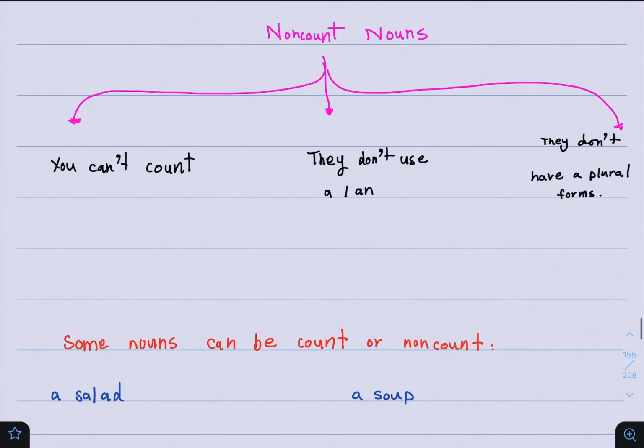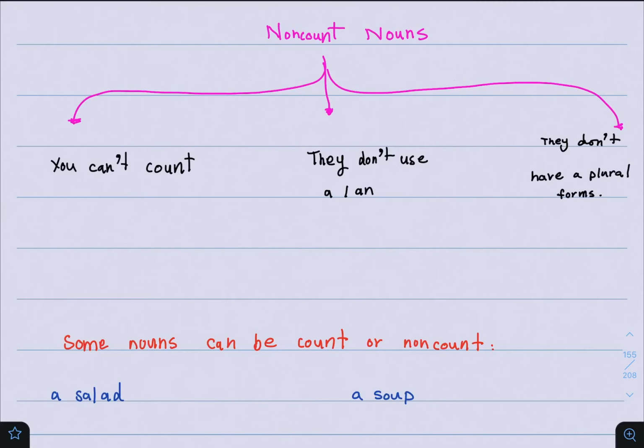The second thing we will be looking at is the non-count nouns, الأسماء الغير معدودة. من اسمها أسماء غير معدودة معناها أنه لا أستطيع عدها. You cannot count them. They do not use a or an. ما أستخدم a أو an لأن a أو an معناها واحد، يعني a book, a table. But with non-count nouns I cannot say a rice, an oil.